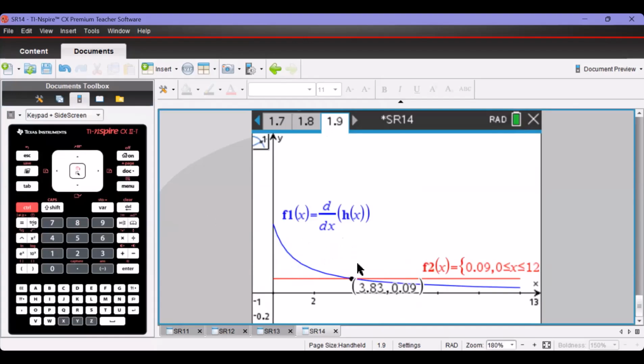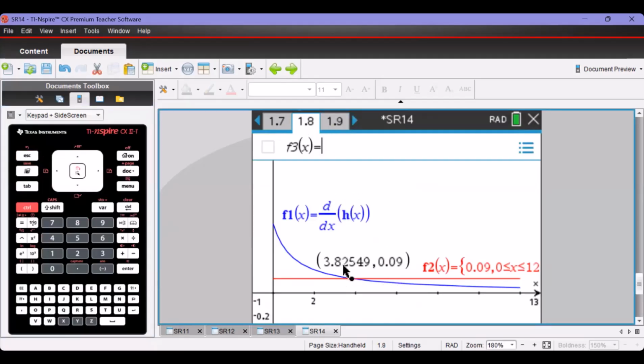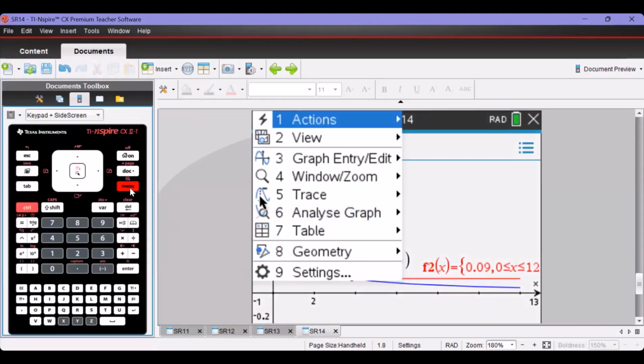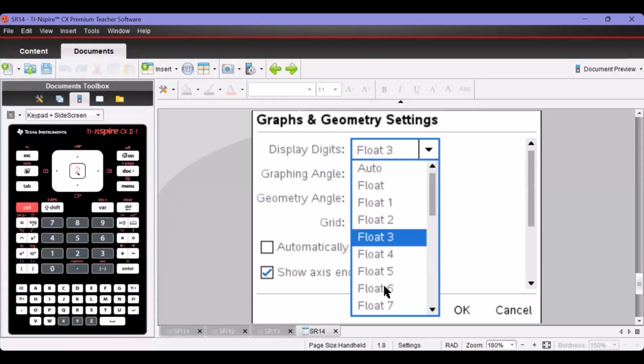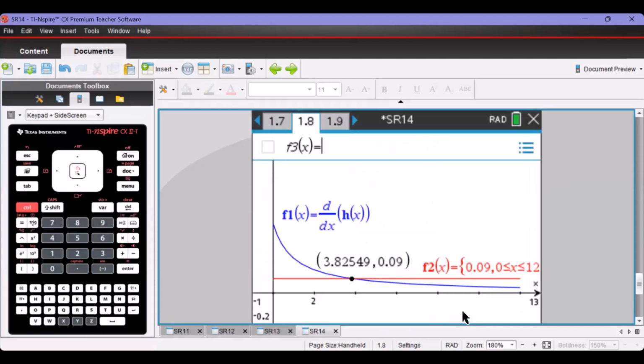Press escape, move that, and if you notice, compared to page 1.8, there's a few more decimal places available to us. That's because on page 1.8, if we go to menu and then the settings, we can change that to float 6. Press OK. And then go to page 1.9. And we're also in float 6.